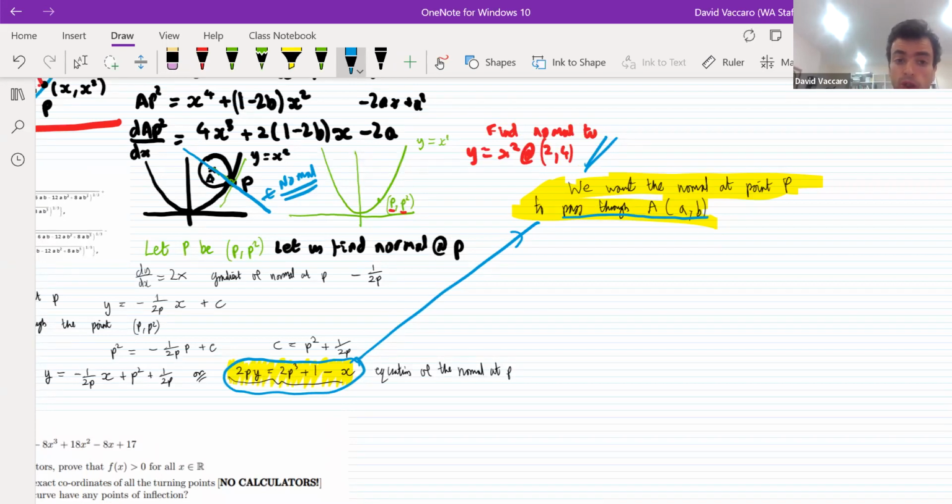Okay, so we want 2pb is equal to 2p cubed plus 1 minus A.